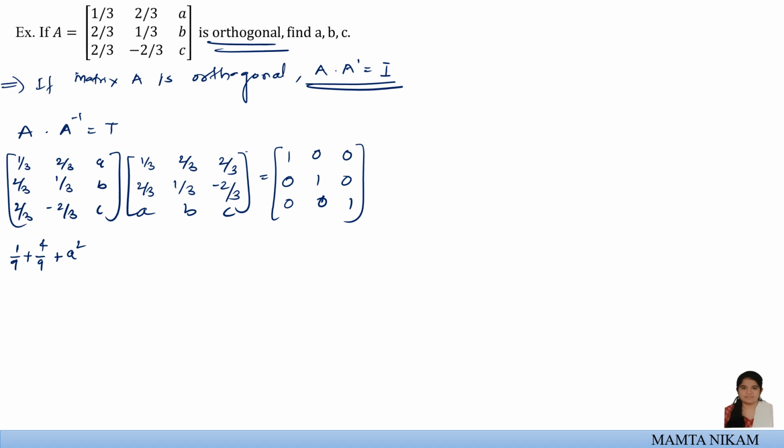Next, first row and second column gives the second element. So this will be 2/9 plus 2/9 plus A into B, right?